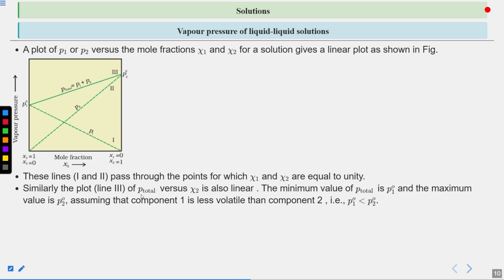As expressed earlier, P total versus chi2 is a linear graph, and the minimum value of P total is P01, and the maximum value is P02, due to the increase in the number of molecules of the pure volatile component 2. So we can say that component 1 is less volatile than component 2. Therefore, P02 is greater than P01.